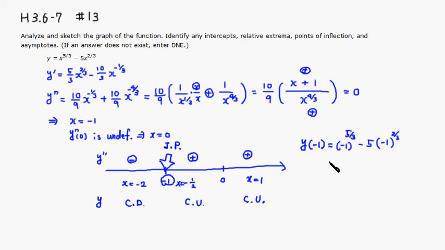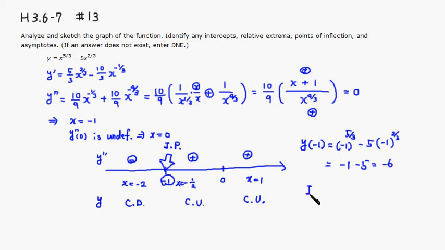So -1 to the 5th power would be -1, and then a cube root is still -1. And -1 squared is 1, then cube root of 1 is 1, so it's -5. Which means that it's -6.